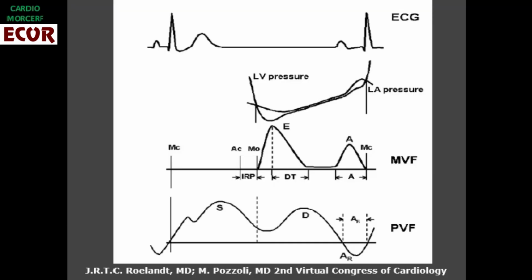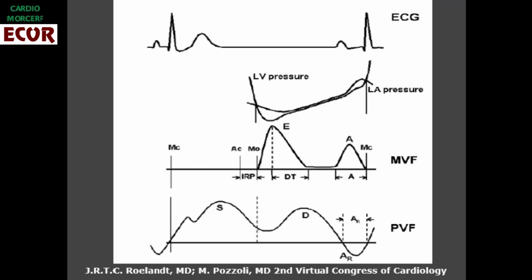One interesting feature is that we can measure the time duration of the A wave in the mitral flow as well as of the A wave reverse in the pulmonary vein. In normal condition, the two waves have about the same duration, or the pulmonary vein A wave is slightly smaller than the mitral A wave.